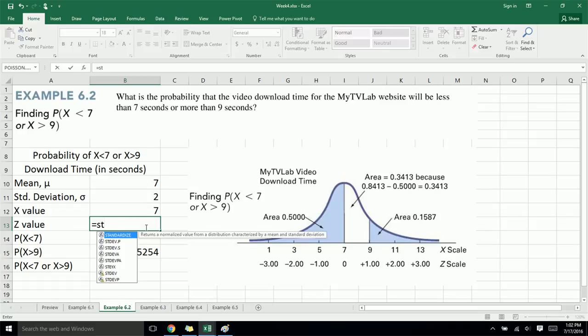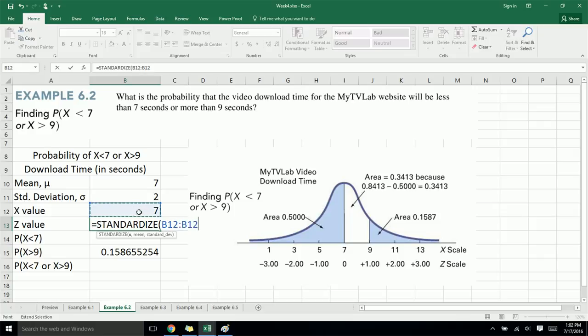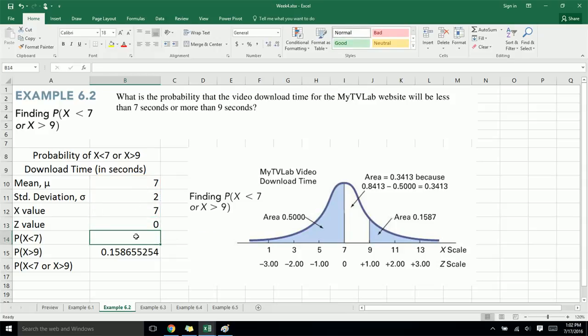Equal sign, STANDARDIZE, select x, comma, mean, comma, standard deviation. Close parenthesis and enter. The z value is 0.